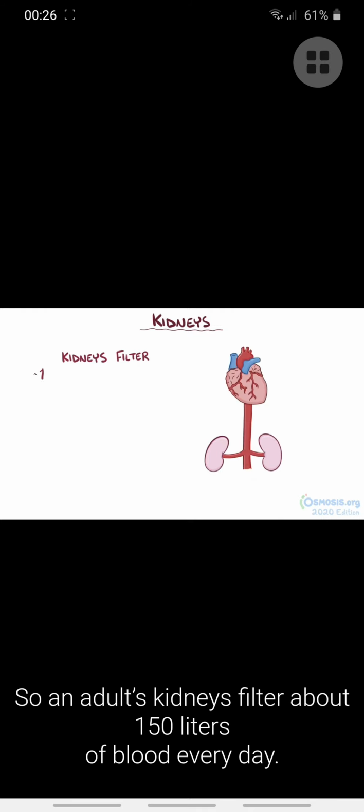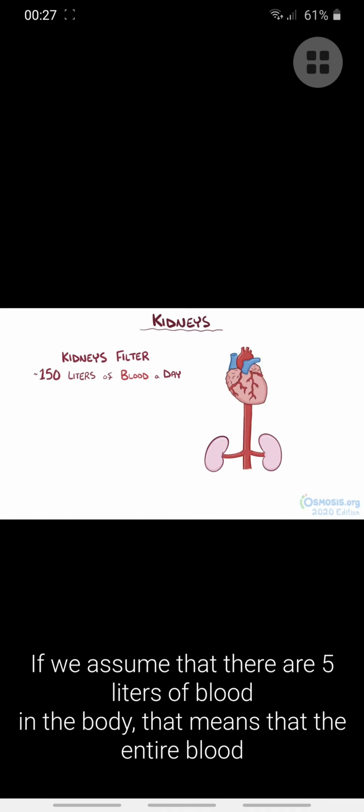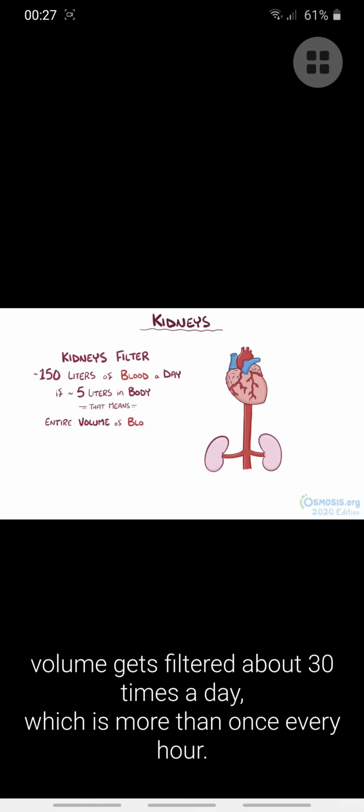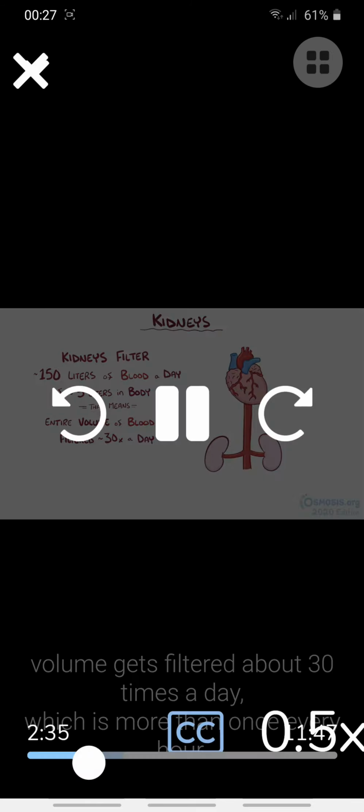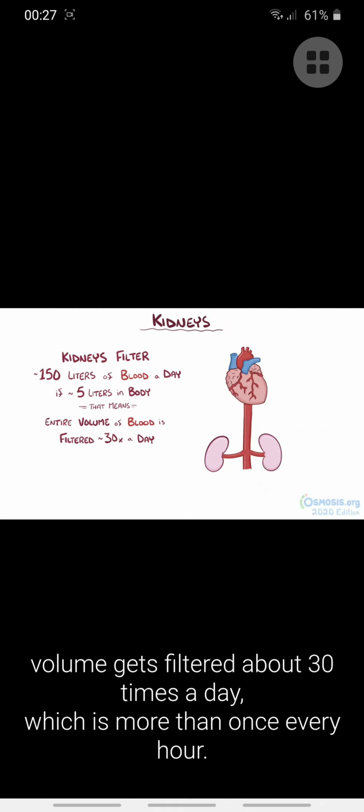So an adult kidney filters about 150 liters of blood a day. If we assume that there are 5 liters of blood in the body, that means that the entire volume gets filtered about 30 times a day, which is more than once every hour.